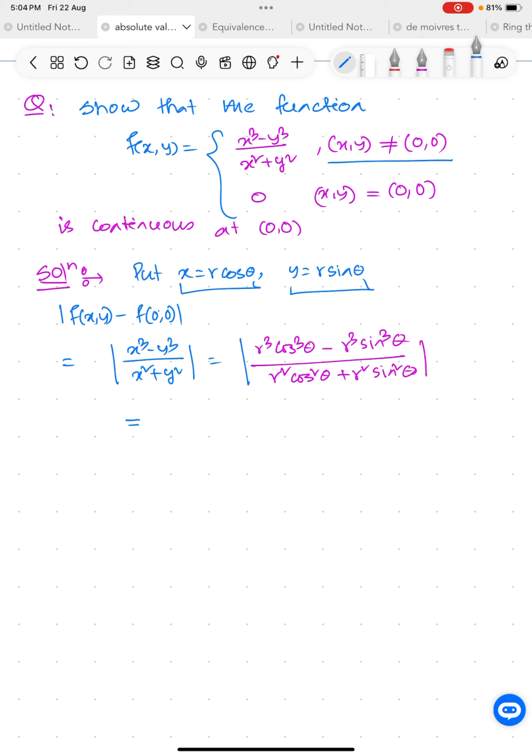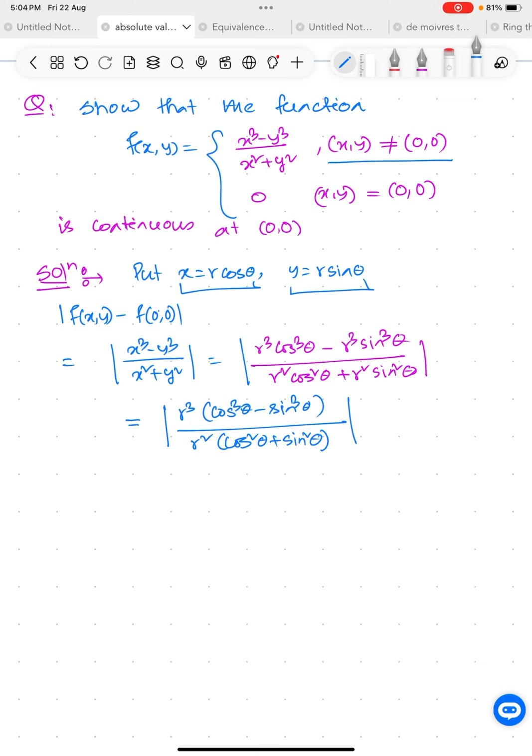So now from here, r cube will be common in the numerator, so taking r cube common, we have r cube into cos cube theta minus sin cube theta, and in the denominator we have r square common, then cos square theta plus sin square theta will be left.